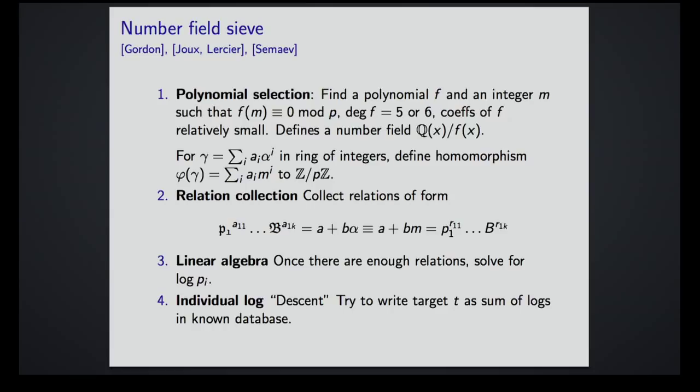So then we're going to do this same relation collection inside of the number field and then over the integers. Here on this side, I have my ring homomorphism. I have values a plus b alpha inside of the number field. If this is a smooth element of the number field, it factors into small prime ideals.